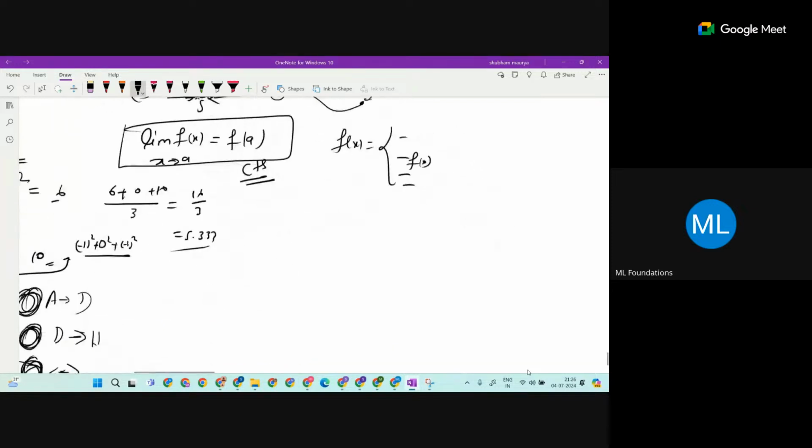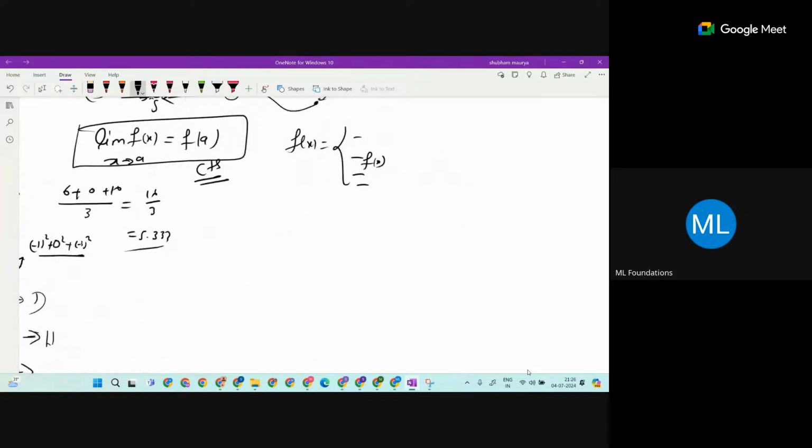And differentiability, you can understand in terms of tangent. If you have a function and at a particular point you are able to draw a tangent, then we directly say the function is differentiable there.